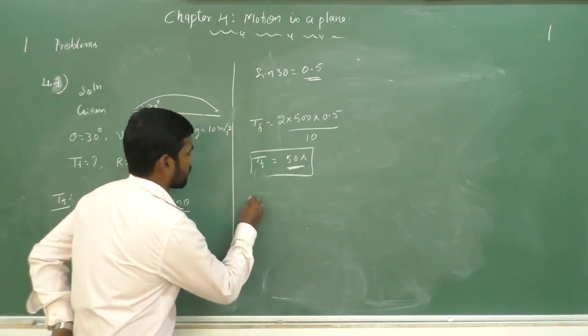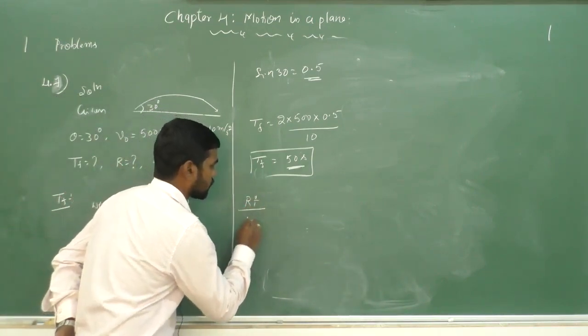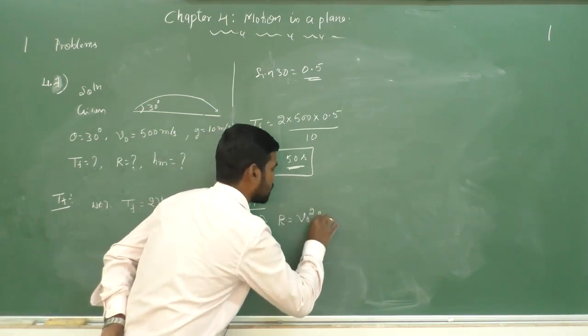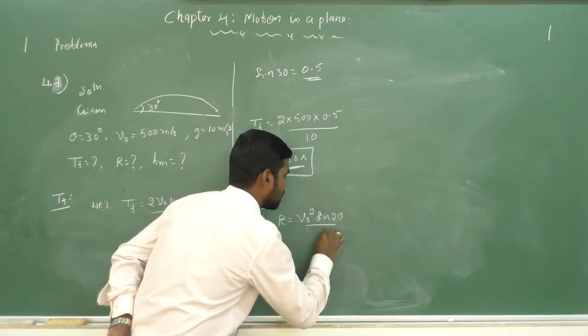The second one, range. We'll find out what the range value is. So here we know that range value R is equal to V naught square sin 2 theta divided by G only.